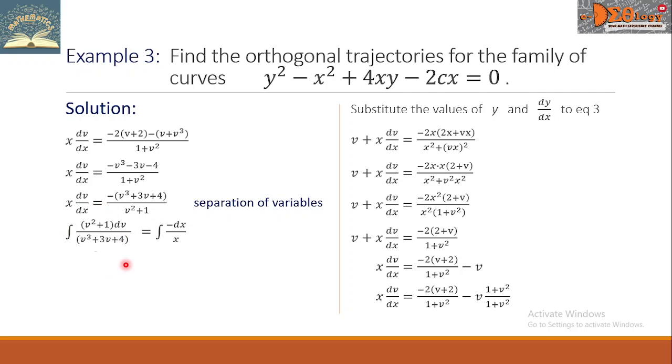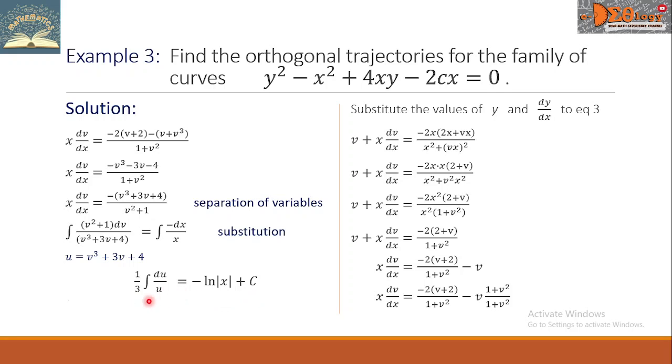But for the left side, we will use the substitution method. Remember that we can take u equal to v cubed plus 3v plus 4. And we can simplify the left side into 1/3 times the integral of du over u. The right side is now equal to negative ln of the absolute value of x plus the constant c.